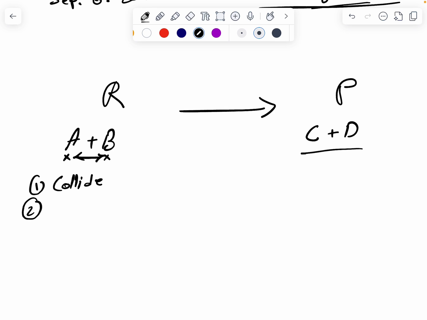Third, this collision in favorable orientation should have enough energy.